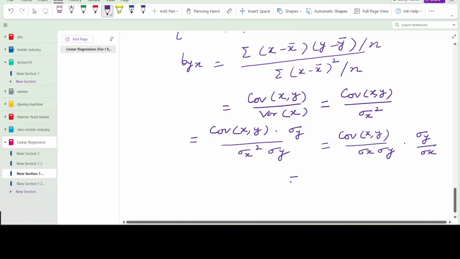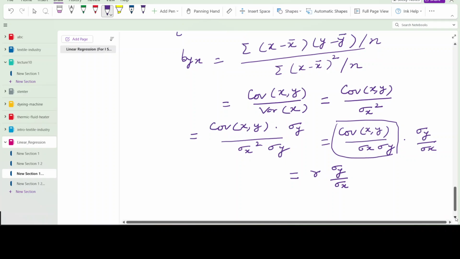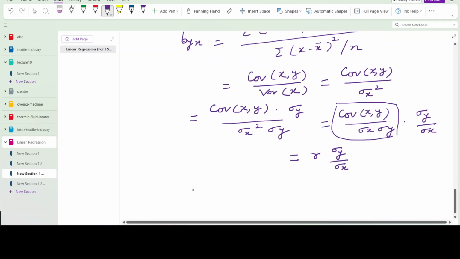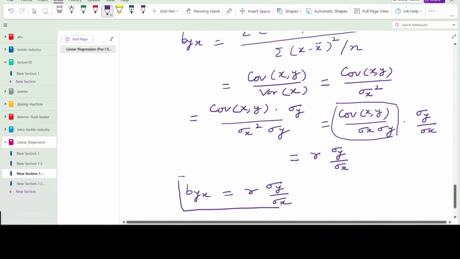And this term is known as correlation, denoted by r. Thus we have found out that regression coefficient of y on x is equal to r sigma y divided by sigma x. It is important relation.